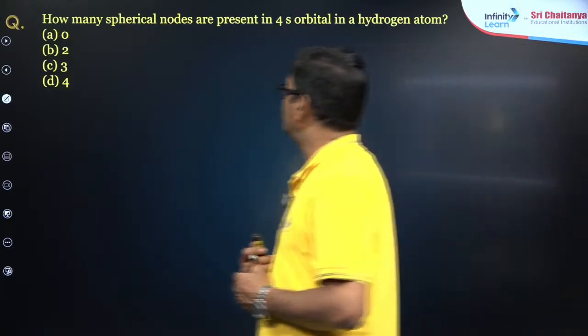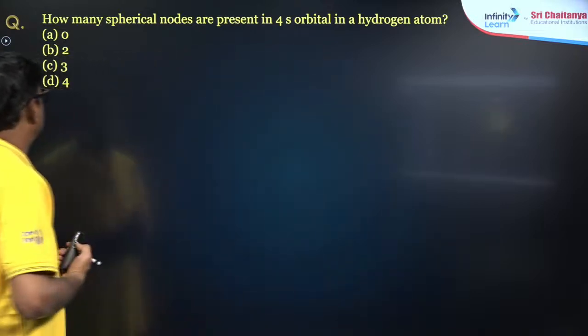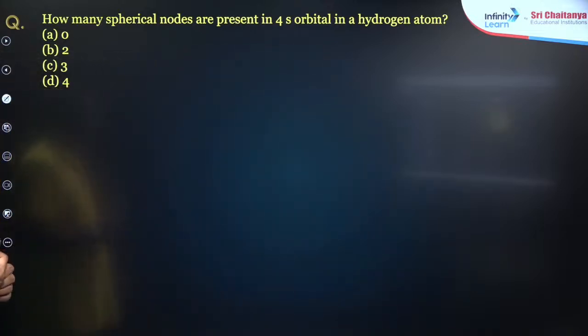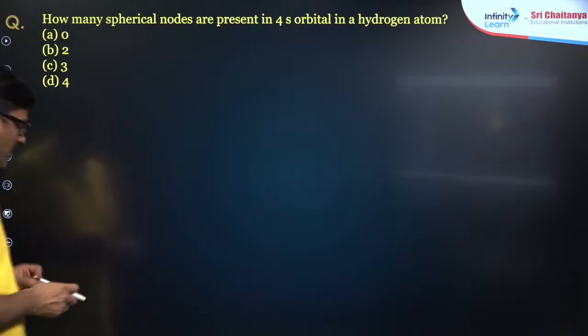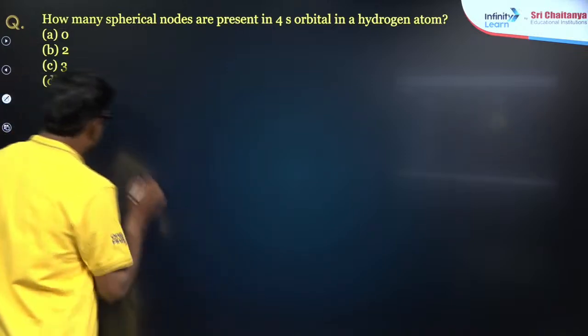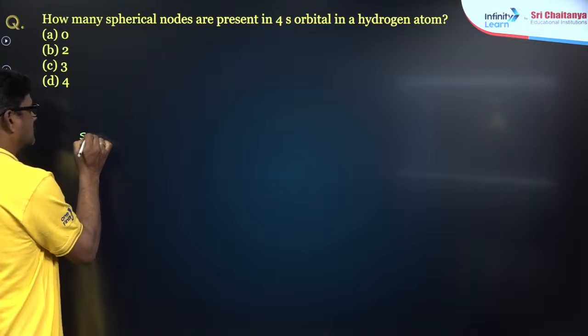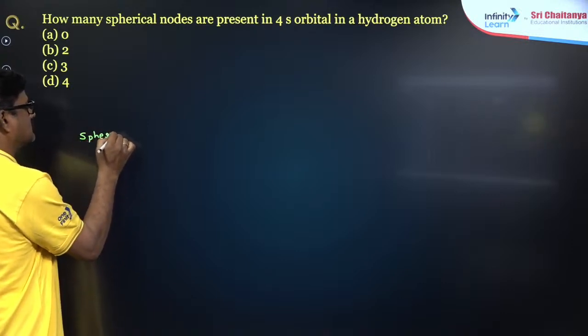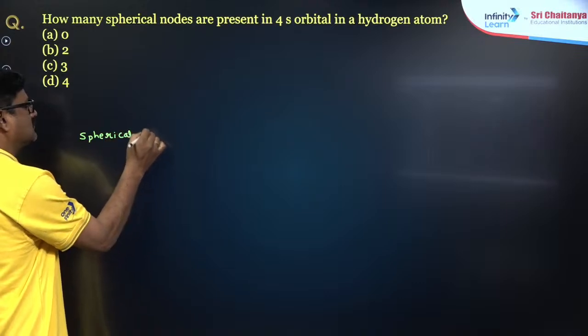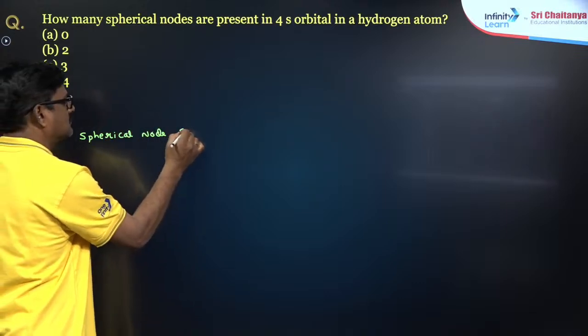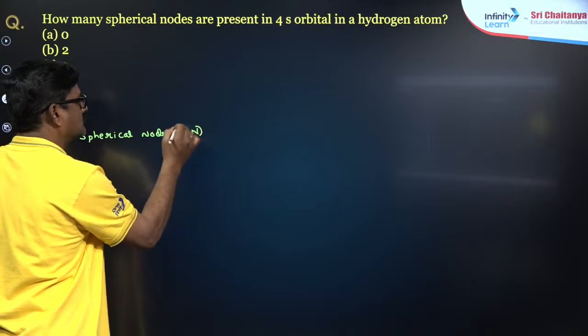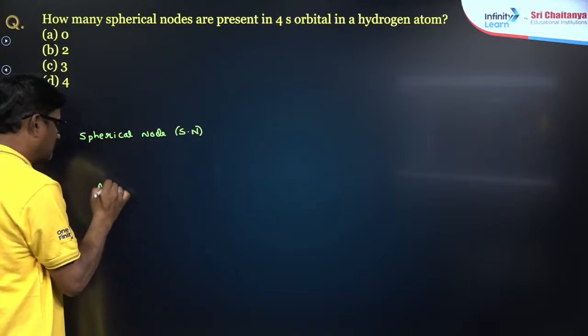Next, how many spherical nodes are present in the 4s orbital in a hydrogen atom? You have 2 kinds of nodes. Spherical node and angular node.